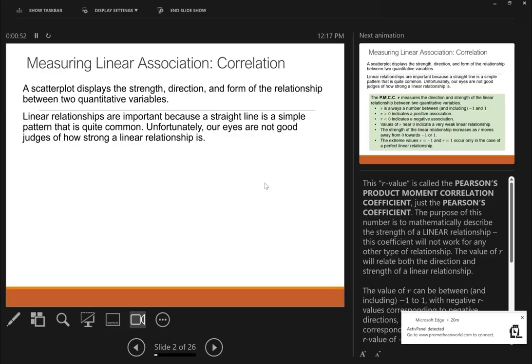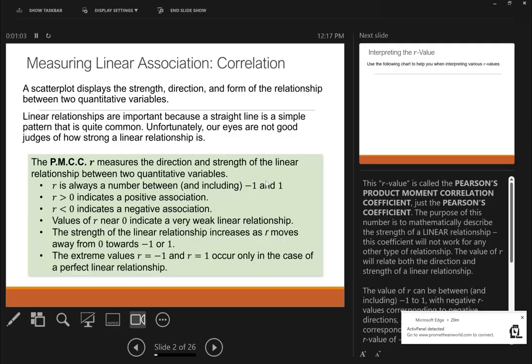Do you always trust your eyes? Yeah. Could we do better than just using our eyeballs? Yeah, and that's what we're going to be working on doing here today. So what we'd like to be able to do is quantify the strength of that relationship numerically.